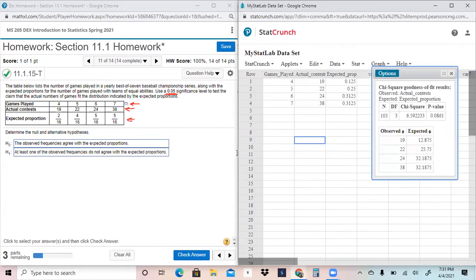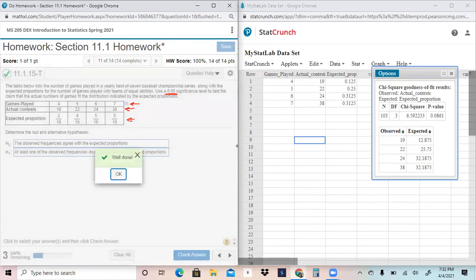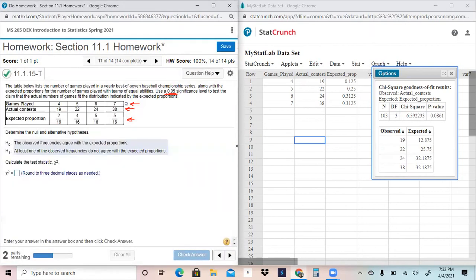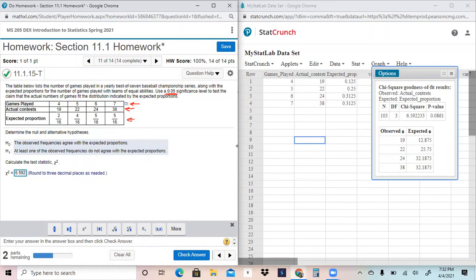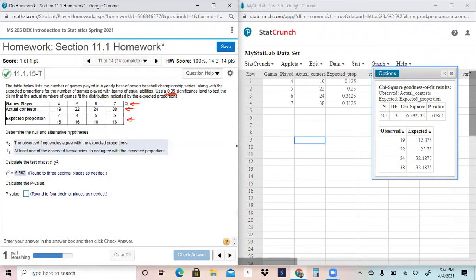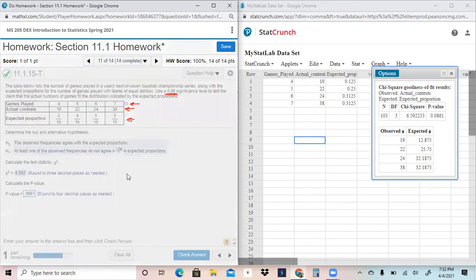So if we compute this, our chi-squared value turns out to be 6.92. So the test statistic is going to be 6.592. The p-value, as you can see, is 0.0861.